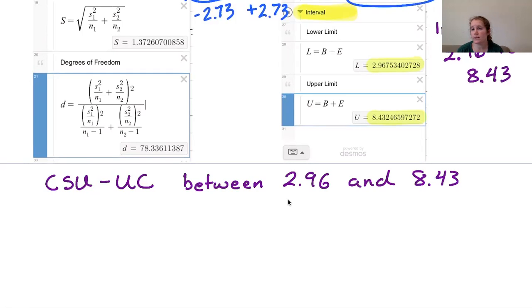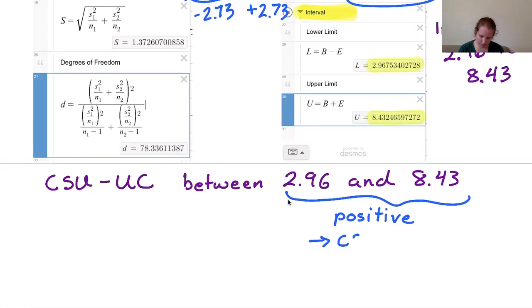If we subtract numbers and get a positive result, the first number is the larger one. Since this is positive, that would mean that CSU is higher. If it were negative, UC would be higher.